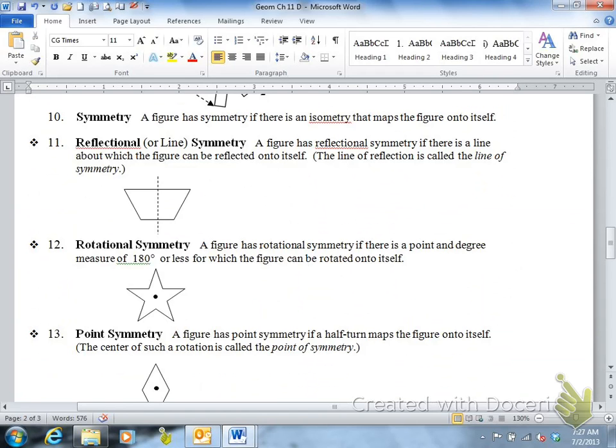So here are three different types of symmetries. Number one, reflectional or line symmetry. A figure has reflectional symmetry if there is a line about which the figure can be reflected onto itself. The line of reflection is called the line of symmetry. So notice here in this trapezoid, if you cut the trapezoid in half like such, then you can fold it onto itself, and it'll fit perfectly.